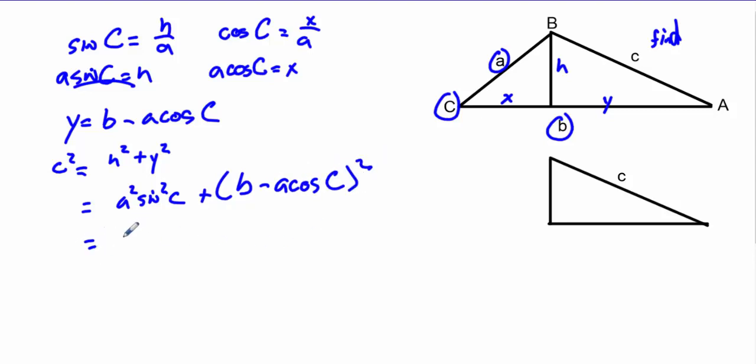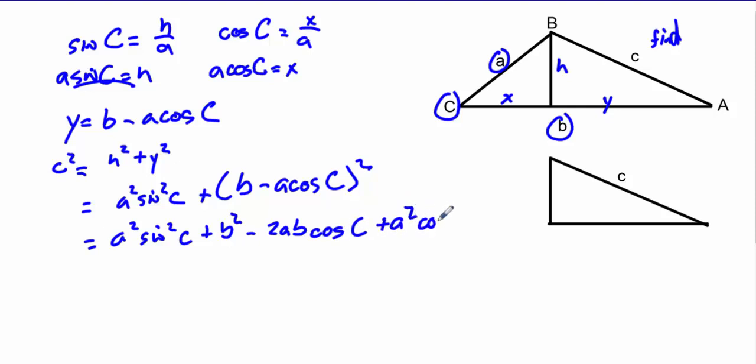But I'm going to still expand that, giving me a squared sine squared C plus b squared minus 2ab cosine C plus a squared cosine squared C. So now notice that I have a squareds in common here.